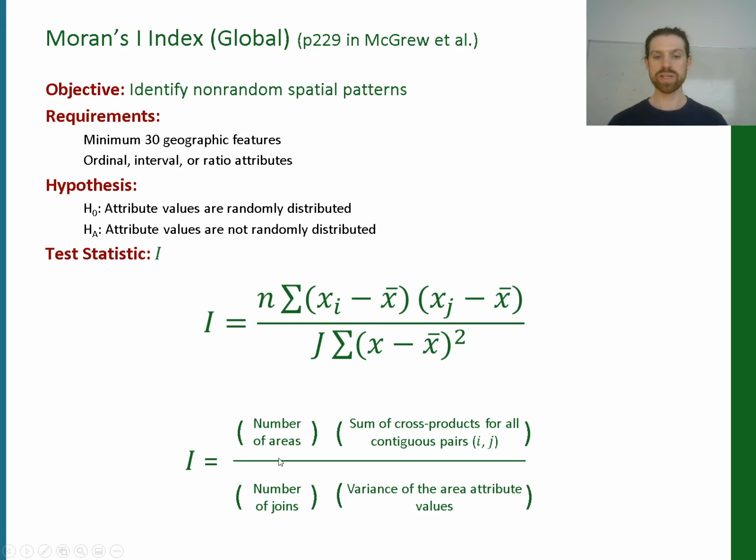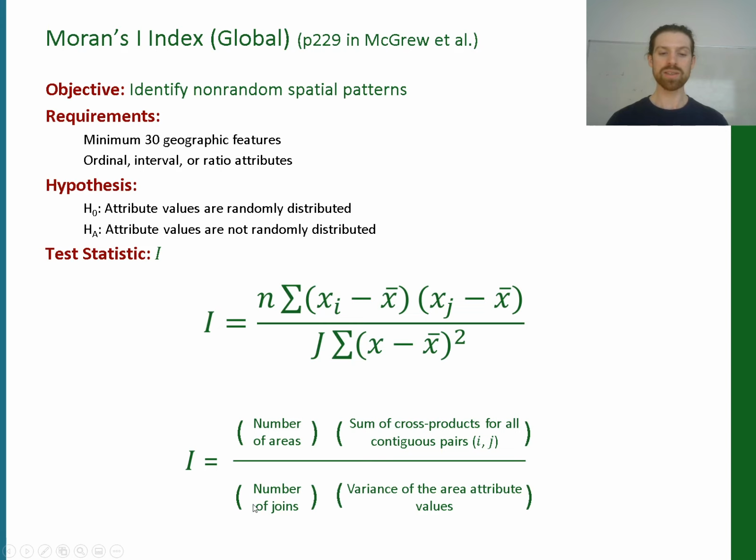I've broken it down for you, so I have the number of areas here, n, and then the sum of the cross products for all of the contiguous pairs i and j. Don't worry, we'll run through what this means as we go through, and for Moran's I, I'm not going to make you calculate it by hand because it gets more complicated, but you do need to know what goes into those test statistics that we're going to be using.